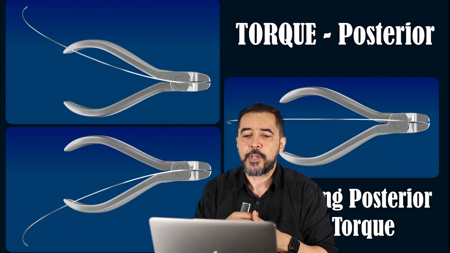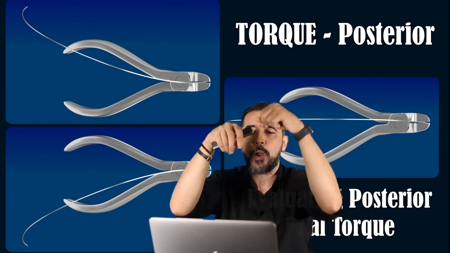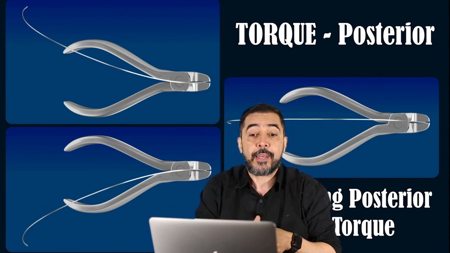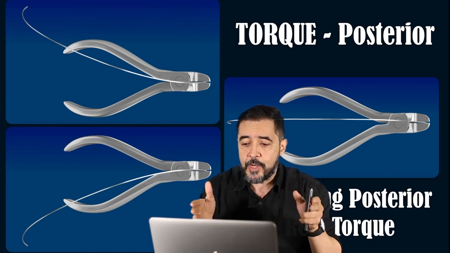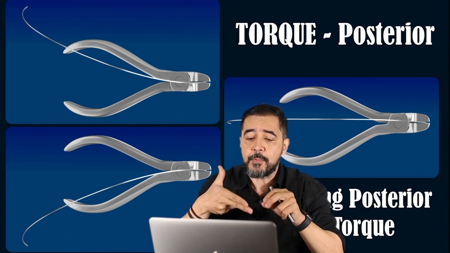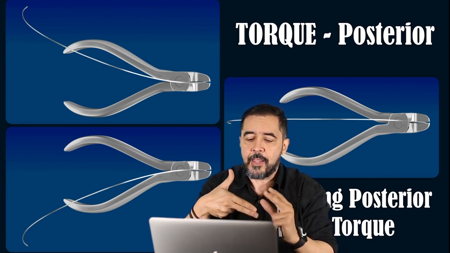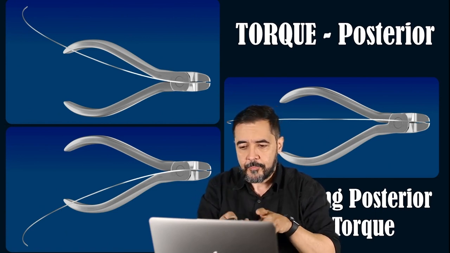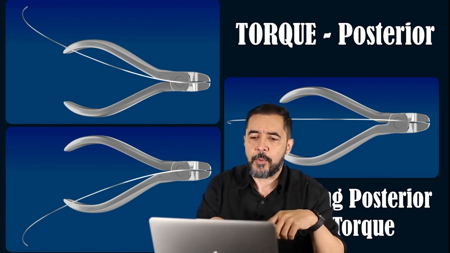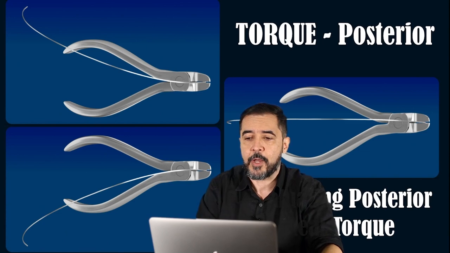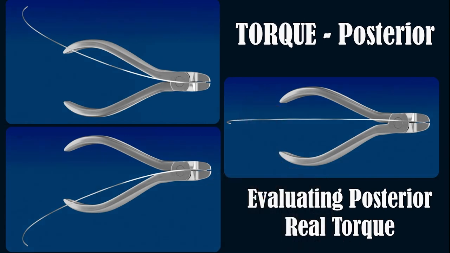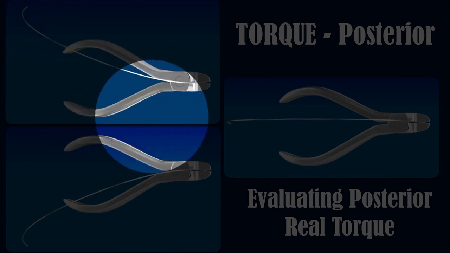We saw that the real torque in the anterior segment of the arch wire, we can measure it, we can evaluate it, and we can sometimes even measure the inclination, the torsion. I'm going to show it to you here when I talk about the posterior real torque, the posterior segment of the arch wire.